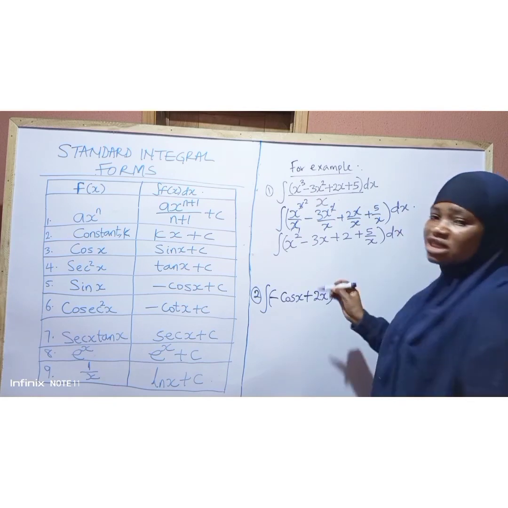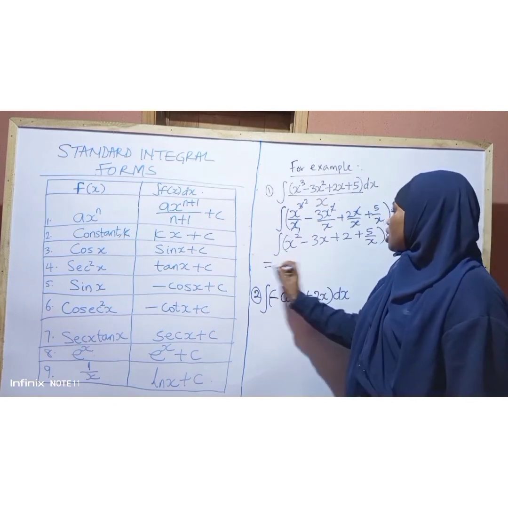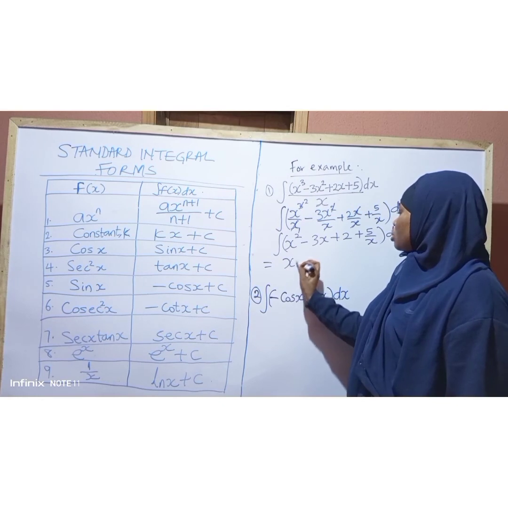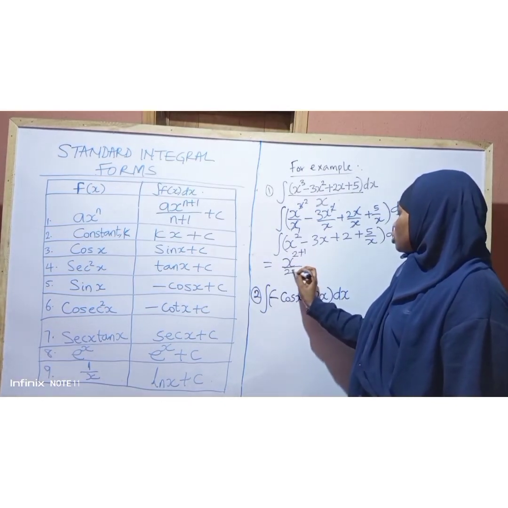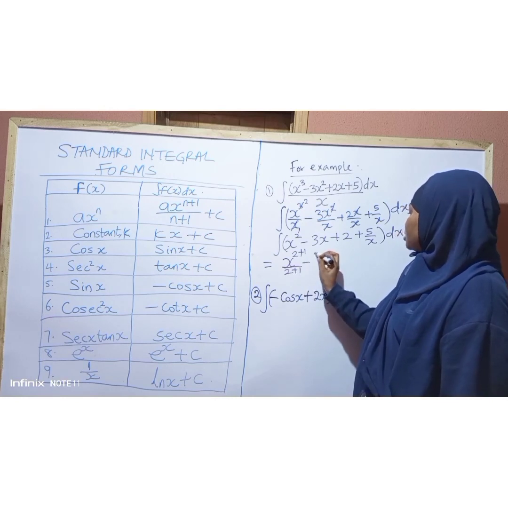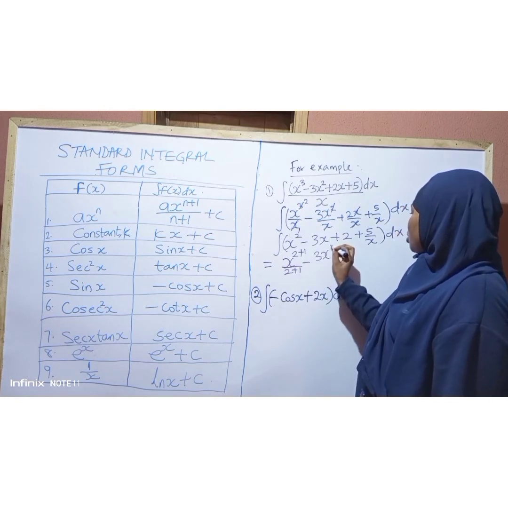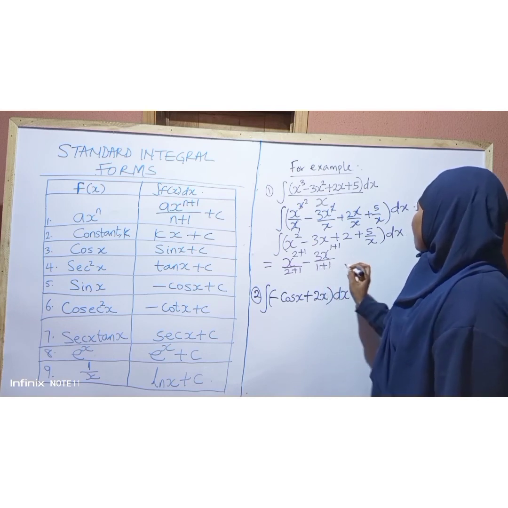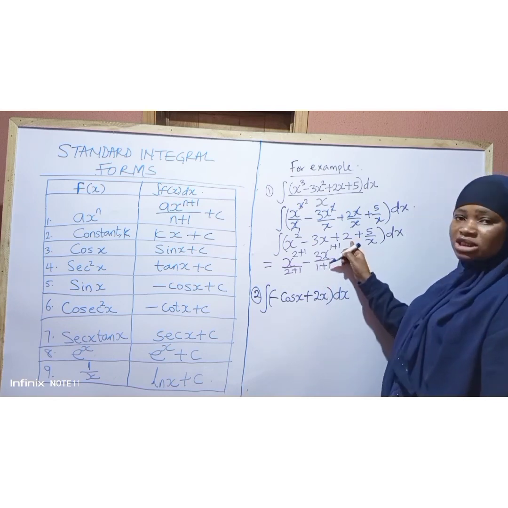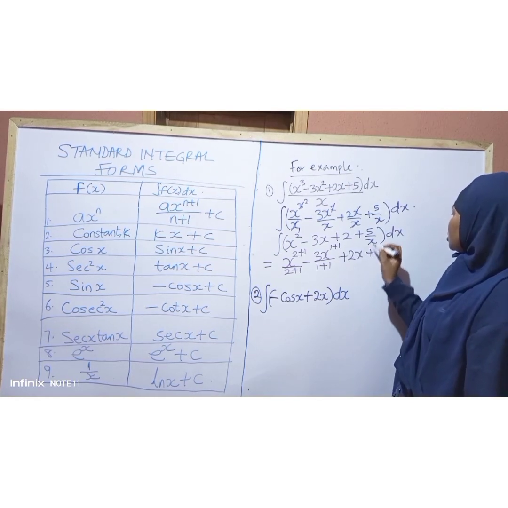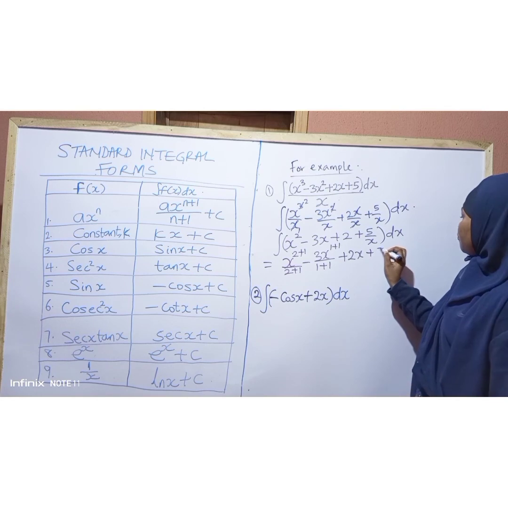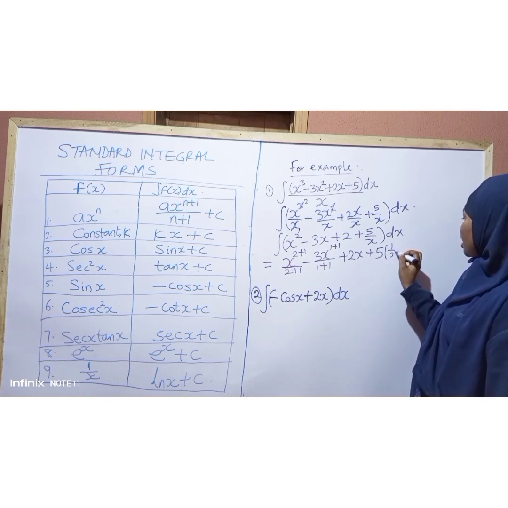So I can integrate everything together, and I will have x raised to power 2 plus 1, over 2 plus 1, minus 3x raised to power 1 plus 1 over 1 plus 1. Then if you integrate constants, you have 2x. Then plus 5 multiplied by 1 over x.